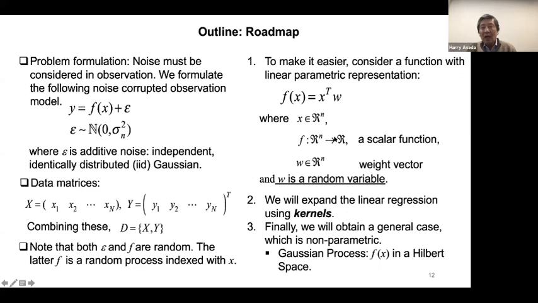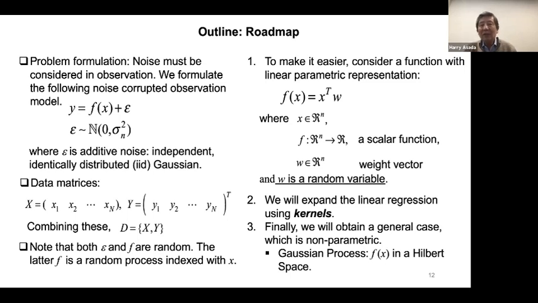Now, we don't just stop with linear regression. Instead, the end result of the linear regression turns out to be kernel-based. x transpose x shows up, all the way to some kind of quadratic form, and that is actually positive definite.